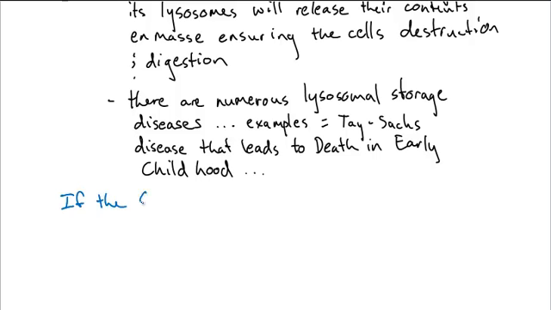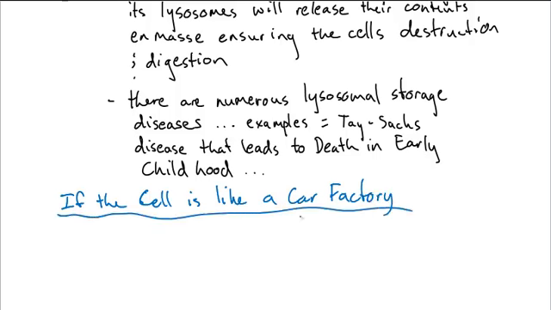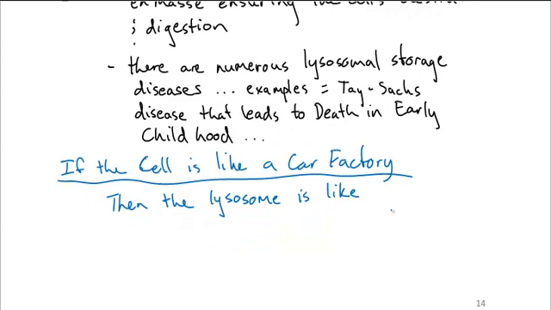If the cell is like a car factory, then the lysosome is like, now what makes this tricky is you need to have something occurring in the car factory which is dangerous but necessary to break things down.